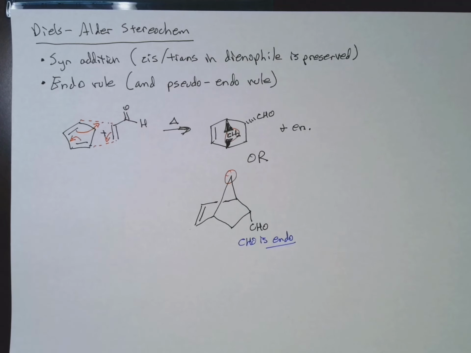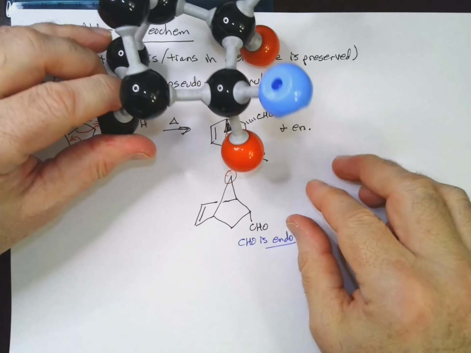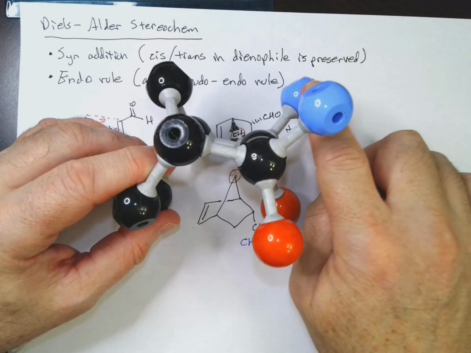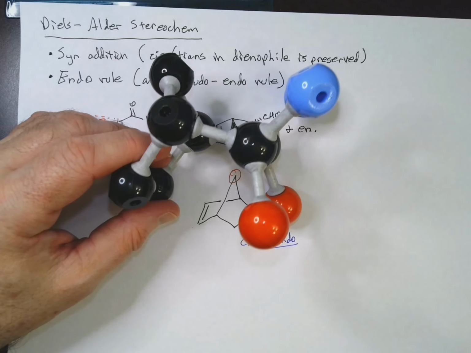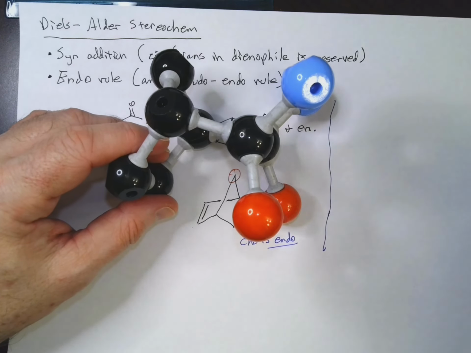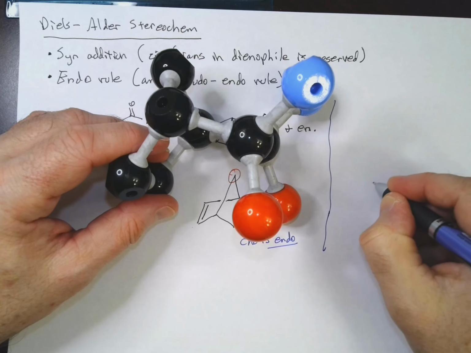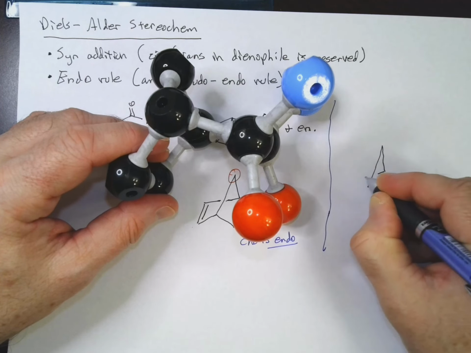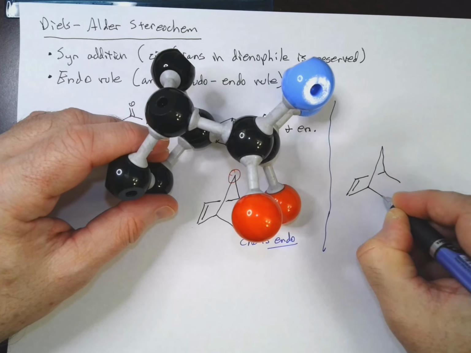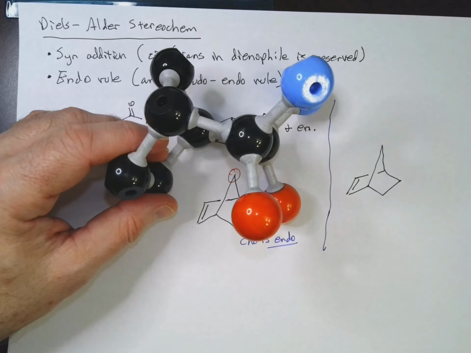And just to help with recognizing where they are, I've got my model here. And in this model, the red are the endo and the blue are the exo. So what that's going to look like is, let me draw this in black here. Boom, boom, boom, boom, boom, boom. It helps when you make the sound effects.